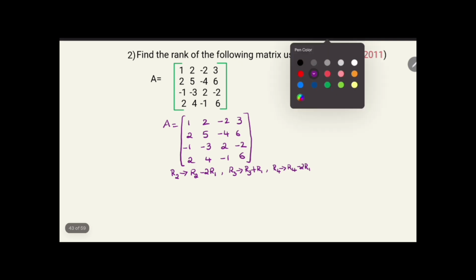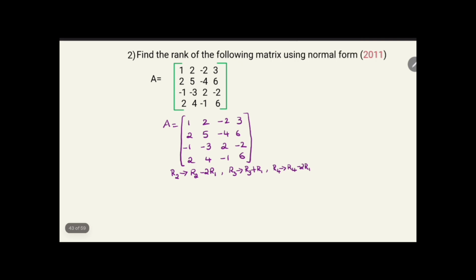Okay students, I will do this here, as rough work. First is R2 implies R2 minus 2R1. What is the first element of R2? It is 2 minus 2 into the first element of R1, which is 1. So 2 minus 2 is 0. The second element of R2 is 5 minus 2 into 2. 5 minus 4 is 1.